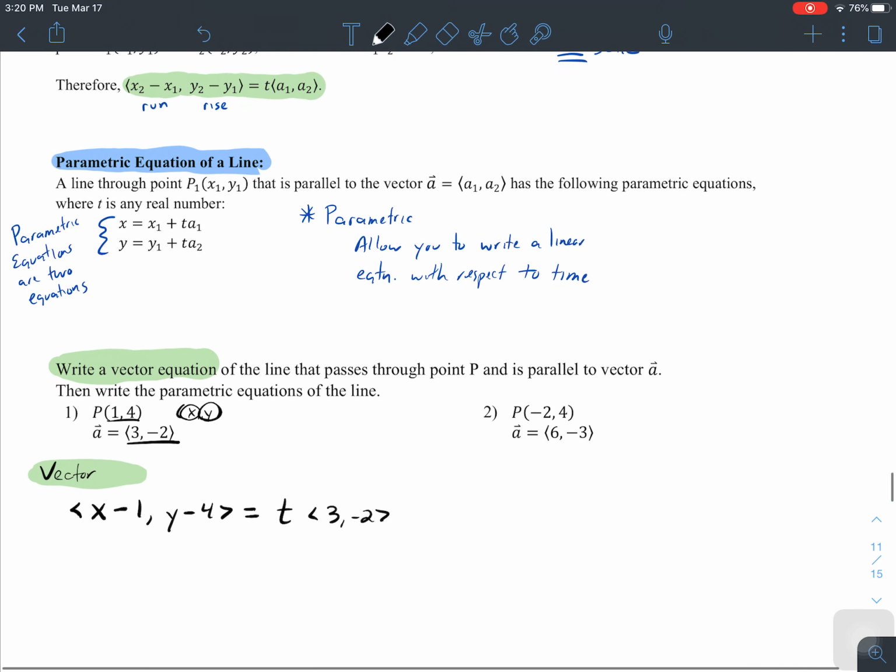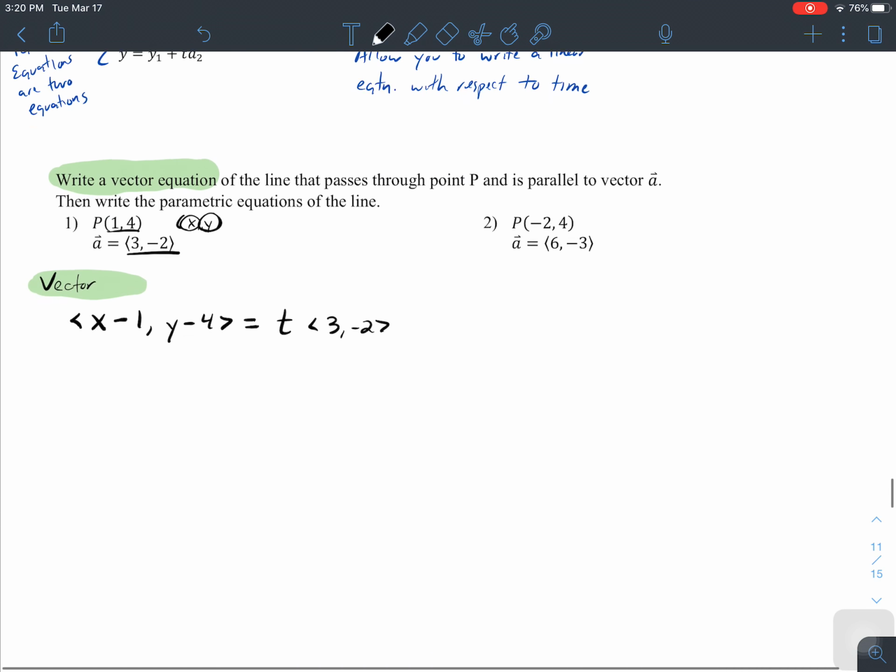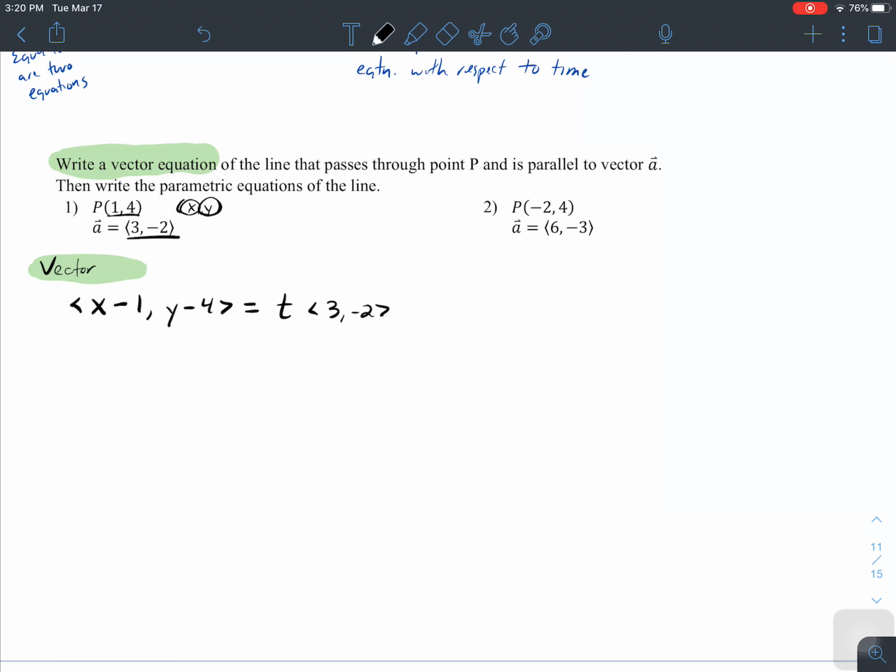And so if I scroll out and look, all we did was follow this green formula, x2 minus x1, y2 minus y1. I just don't know what those values are, so I'm going to leave them as x and y. My time, right here, I don't know what the scale is, so I'm going to leave it as t, times the given vector. So that's your vector equation.